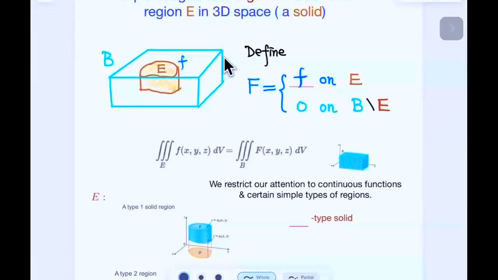So think about it. You're going to be 0 on the region that is inside the box, but outside of the solid. So the function is going to agree with the small f function on the solid, but outside the solid, inside the box, it will be 0.